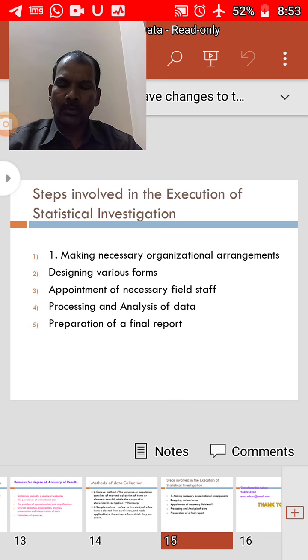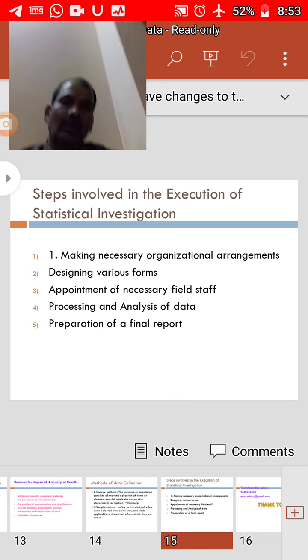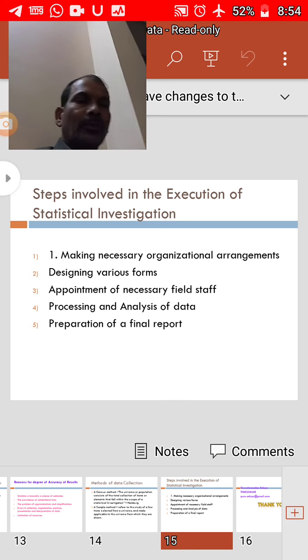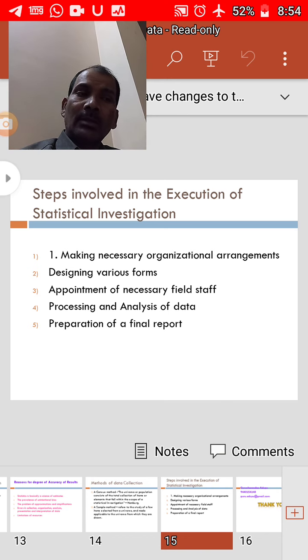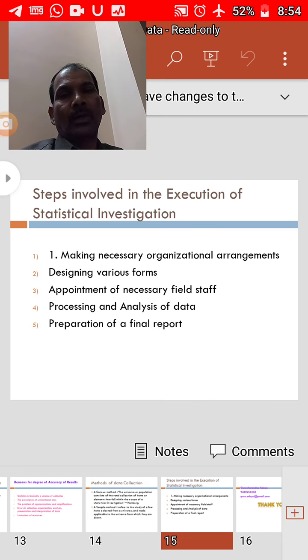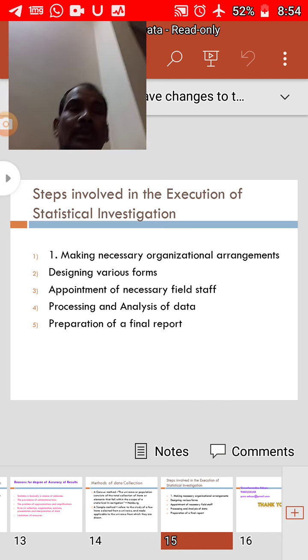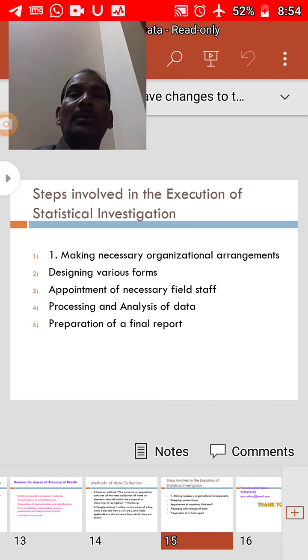While a general report contains description of data and the result of investigation, a technical report provides additional information such as sample design, statistical units, methods of calculation, etc. A good report must cover a few aspects. One is the statement of the purpose of the survey. For what purpose you are conducting the survey should be stated.